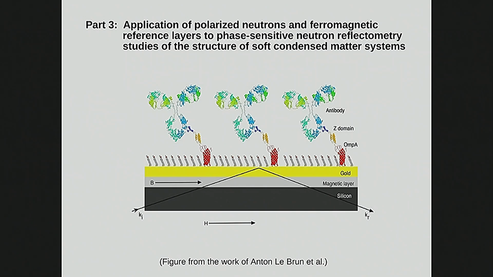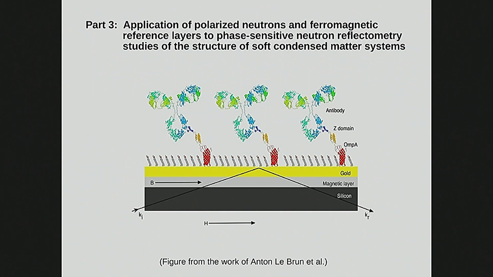Okay, now I mentioned also that if you have ferromagnetic layers, they may be useful to you even if you're not interested in magnetism. The biologists like to study these lipid bilayer systems with embedded transmembrane and other types of proteins in them. But they like to be sure and have the phase information, so you could change this from H2O to D2O and do experiments like many people do with changing the phase contrast in the water.